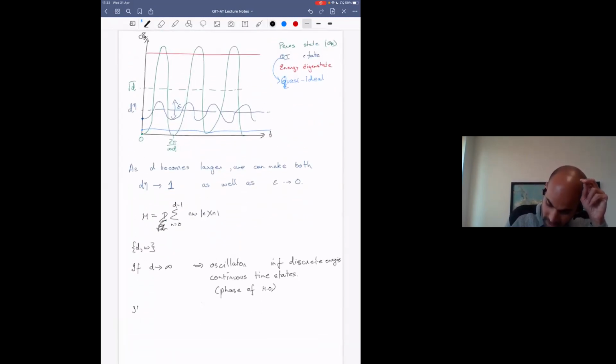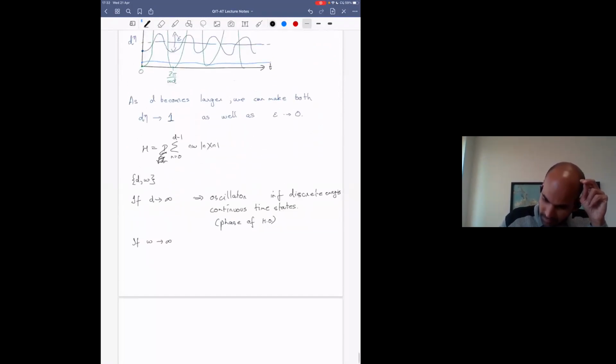On the other hand, if I keep D the same and I take omega to infinity, then I end up with discrete times. Well, actually, no, this is not the thing I want to do. If I consider that omega goes to infinity and D goes to infinity, but in such a way that omega by D goes to 0.